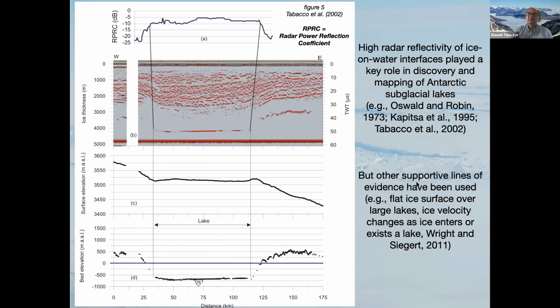Those other lines of supportive evidence include, for instance, flat spots on the surface of the ice sheet, because where the ice layer floats over water, obviously there is no basal shear stress, and the ice basically spreads kind of like a confined ice shelf.